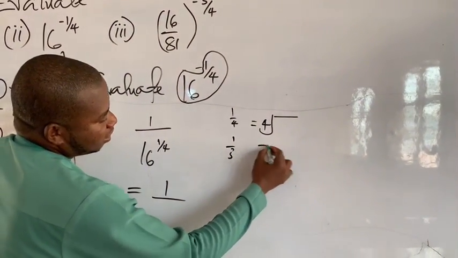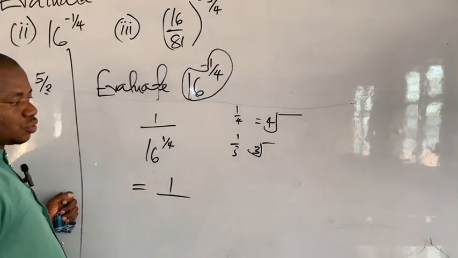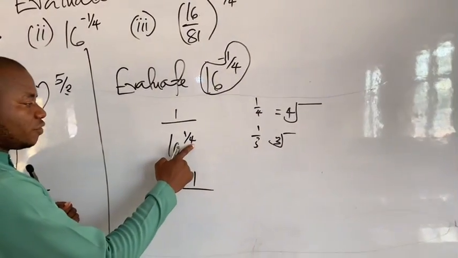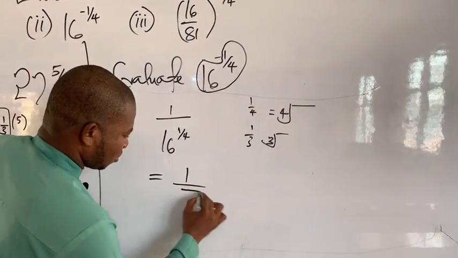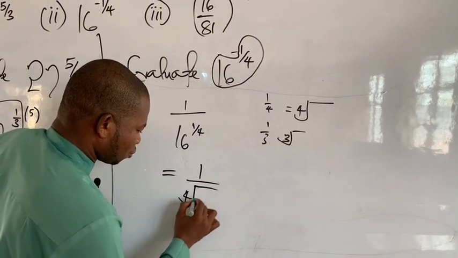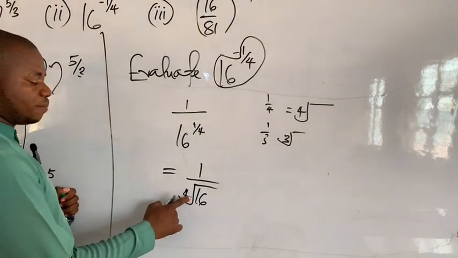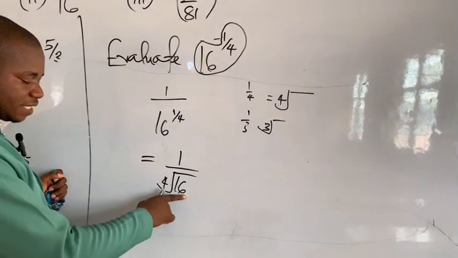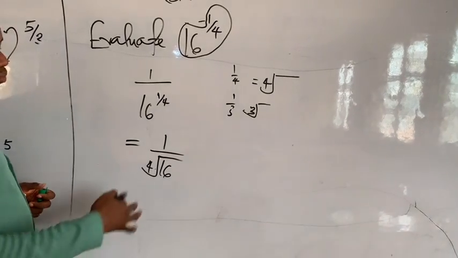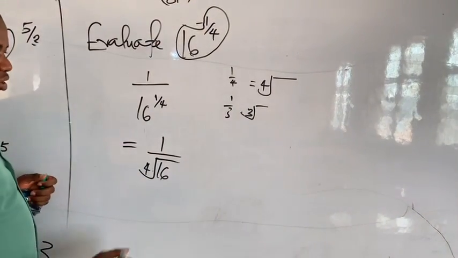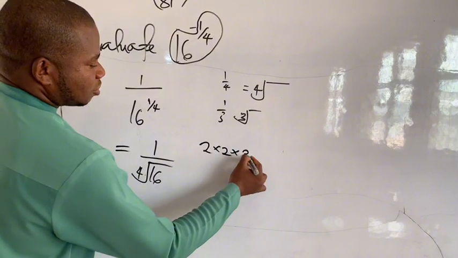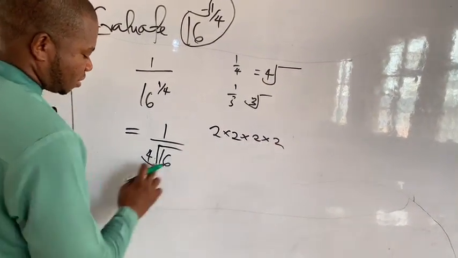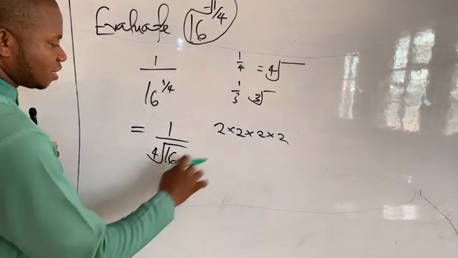Power 1/3 means third root or cube root. So now this will give us the fourth root of 16. Fourth root simply means what is the number that when you multiply that same number 4 times will give you 16. That is 2. So 2 times 2 times 2 times 2: 2 times 2 is 4, 4 times 2 is 8, 8 times 2 is 16. So the fourth root of 16 is 2.